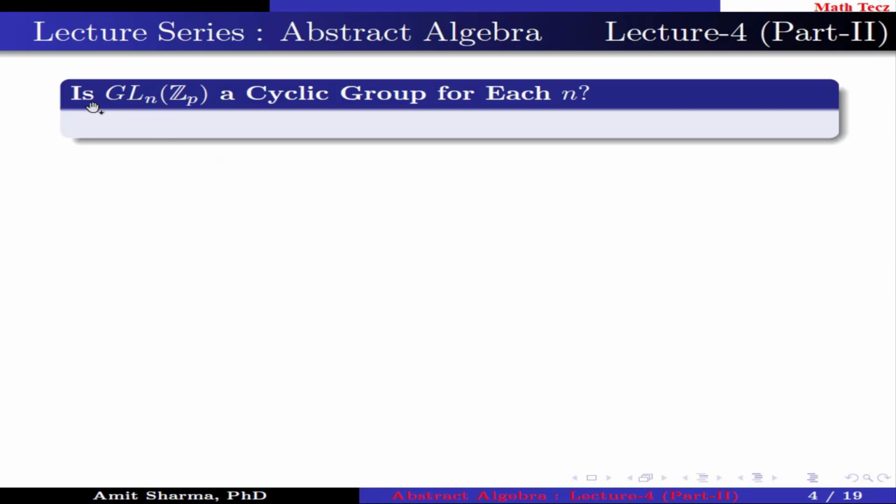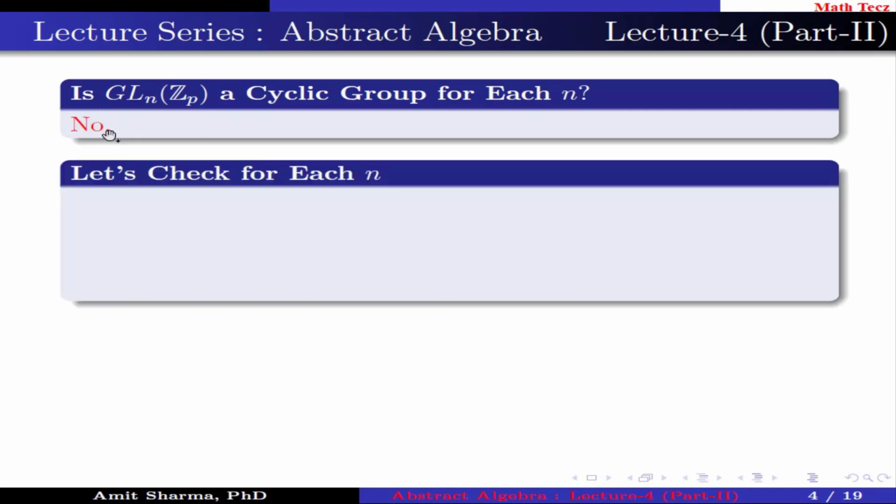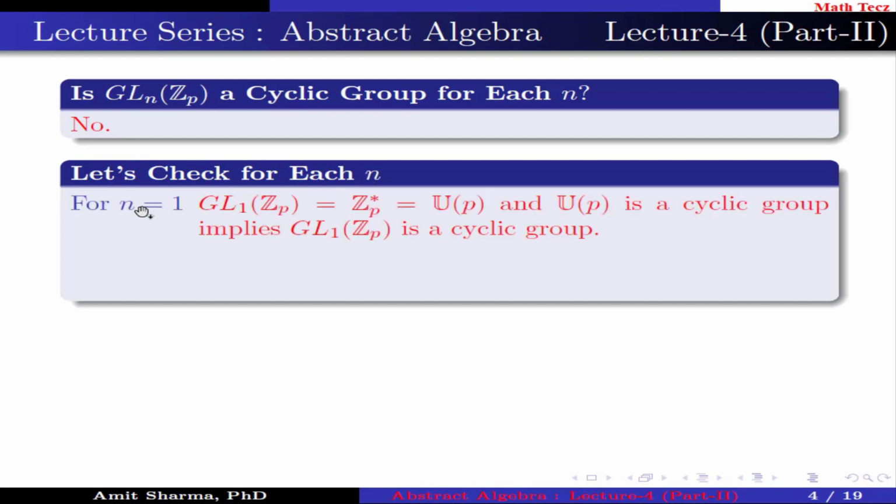Next is, is GLnZp a cyclic group for each n? Answer is no. Let's check for each n. For n equal to 1, GL1Zp equals Zp star, which is equal to U of p, and U of p is a cyclic group, implies GL1Zp is a cyclic group.